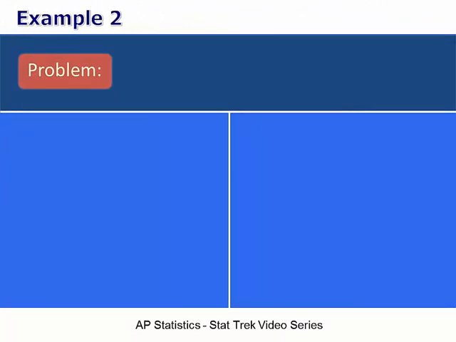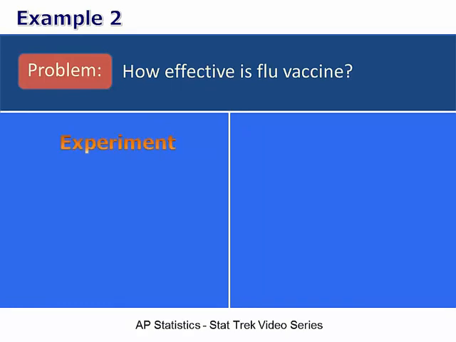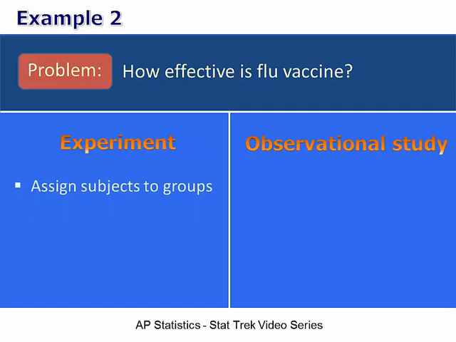Suppose you wanted to assess the effectiveness of a new flu vaccine. You could conduct an experiment, or you could perform an observational study. If you conducted an experiment, you might assign half the subjects to a treatment group and half to a control group.